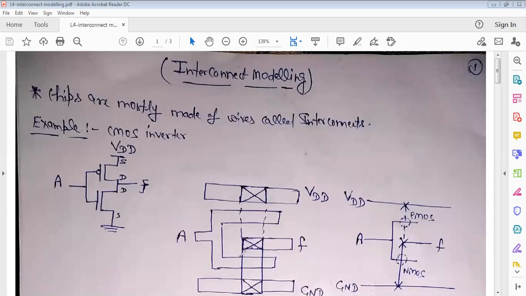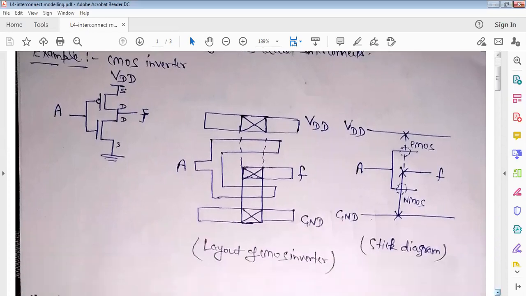One polysilicon line here and one here, connected to the input A. From here we use a metal wire to the output F. This particular diagram is known as the layout of the CMOS inverter.